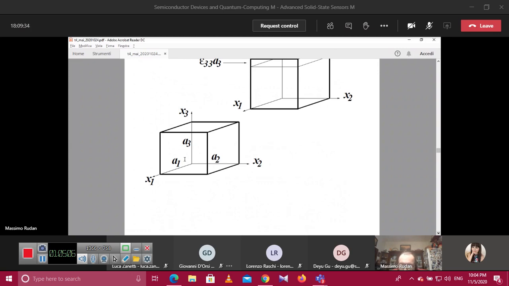So to eliminate these other aspects of translation and rotation, we shall consider a local reference that is connected to this block, like the axes x1, x2, and x3 that you see in the figure, and we shall consider only the deformations of this little block with respect to the undeformed state of the block itself, okay?